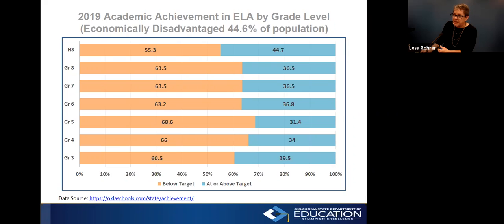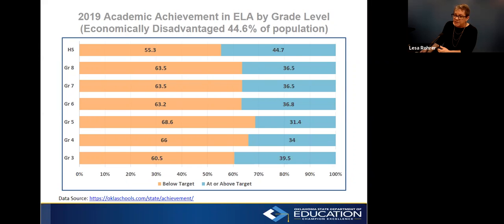If you're looking where we have the highest, and this is for English language arts, in grade 5, 68.6% of our students are below the target. Grade 6, that improves some. So we might want to think about what's happening during that transition from grade 5 to 6. Look at high school. 44.7% of our economically disadvantaged students are scoring at or above their target.